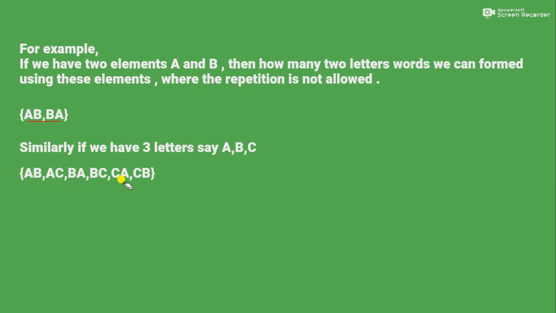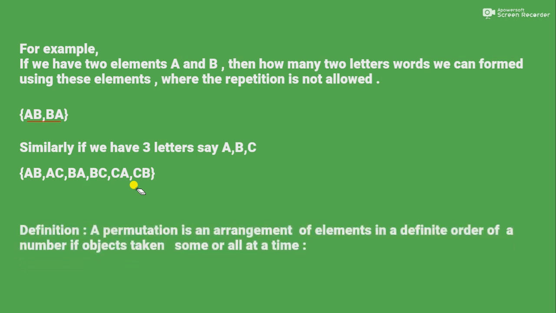This arrangement is known as permutation. The arrangement of elements in a definite order is known as permutation. So this is our formal definition: a permutation is an arrangement, in a definite order, of a number of objects taken some or all at a time.